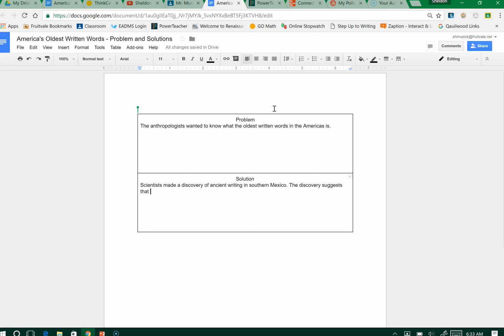Poll's findings suggest that the Olmec wrote 300 years earlier. So the discovery suggests that written words in America were first written 300 years before scientists previously thought.